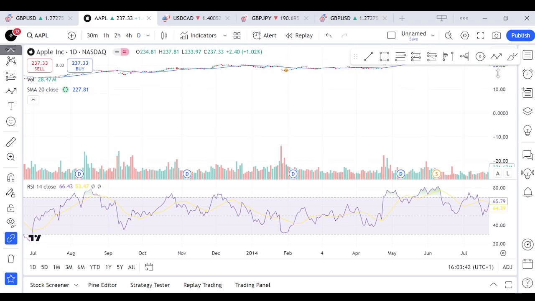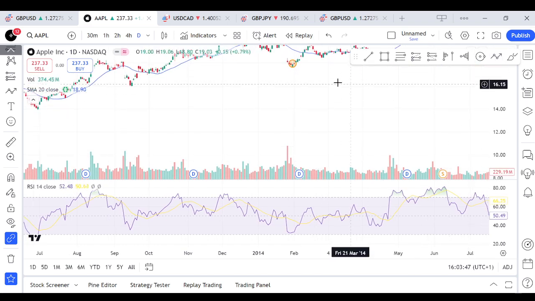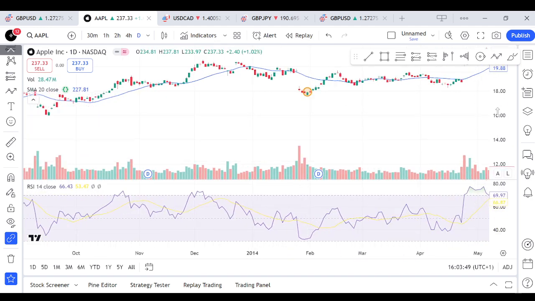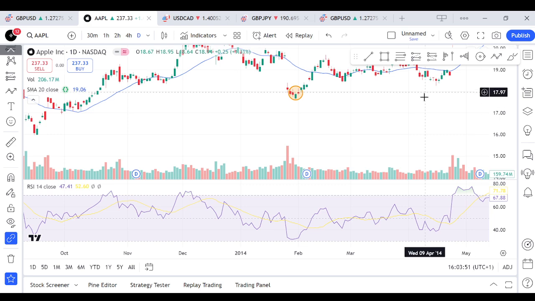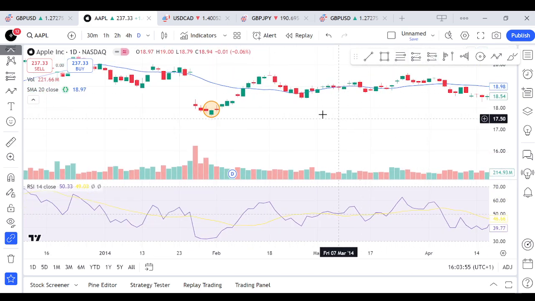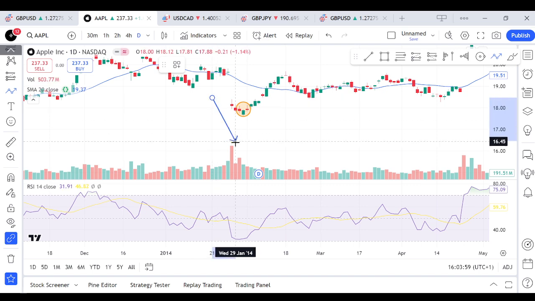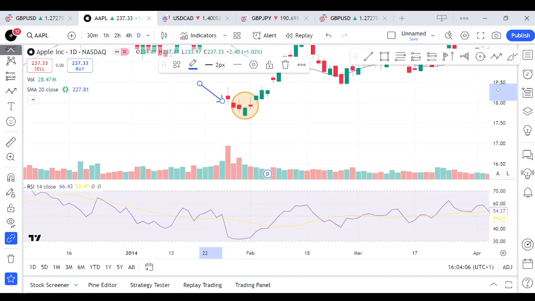Okay, there is one here. Now this one, there was continuous selling pressure in the market. You can see the rise in volumes corresponding with this gap, and then we had the bullish meeting lines forming here.